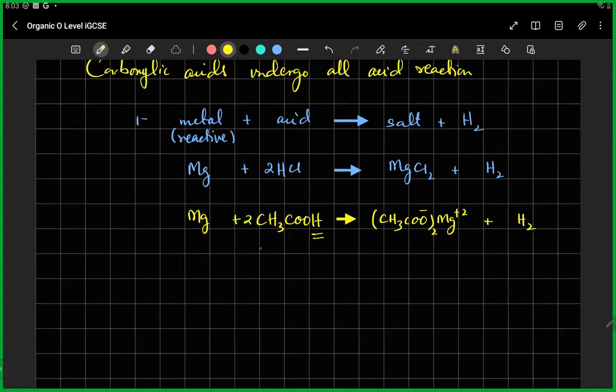So this is ethanoic acid, and that's your magnesium ethanoate. Is this clear? Yes, sir.